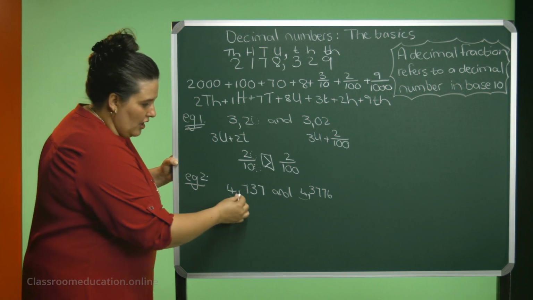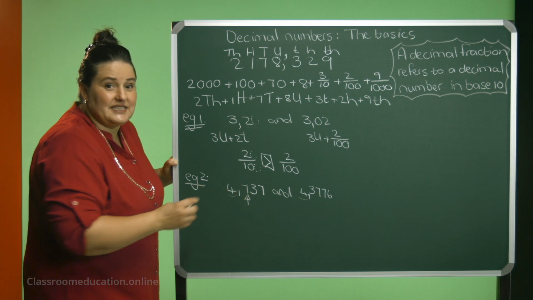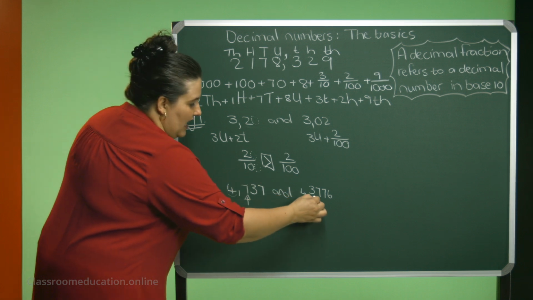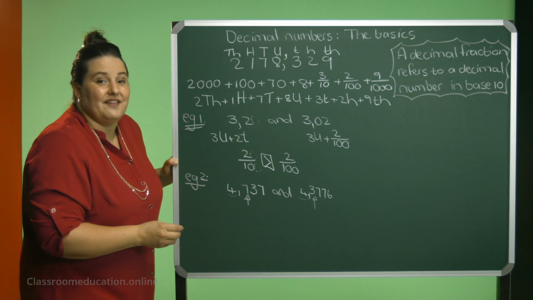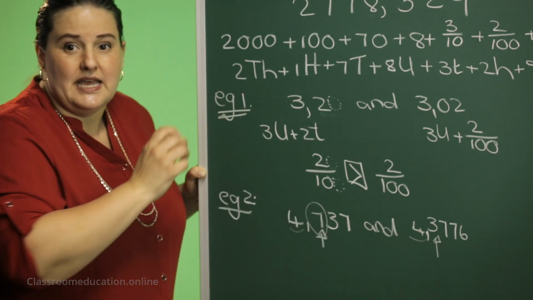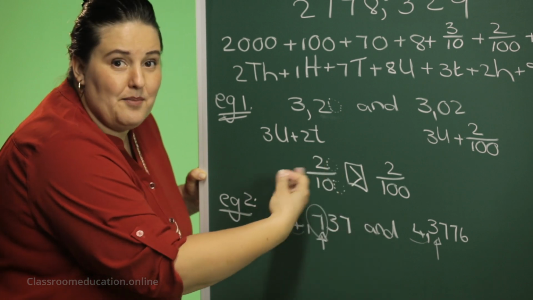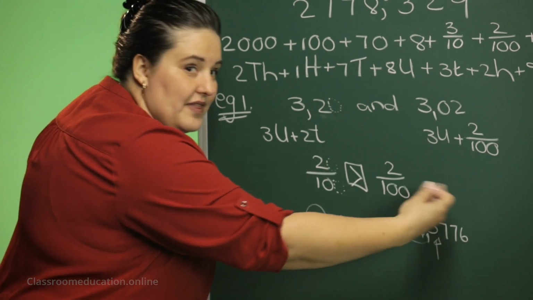Okay? The comma, that's okay. Then my tenths, I have 7 tenths, and there I have 3 tenths. Which one is bigger? The 7 tenths.